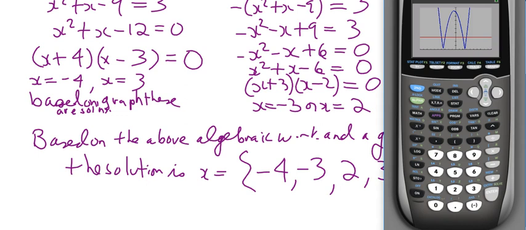And you can see those on the graph there, right? If you look scale-wise, you get 1, 2, 3, 4, negative 4, negative 3, 2, 3.